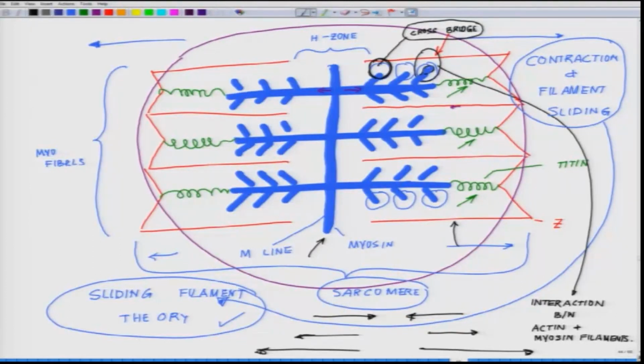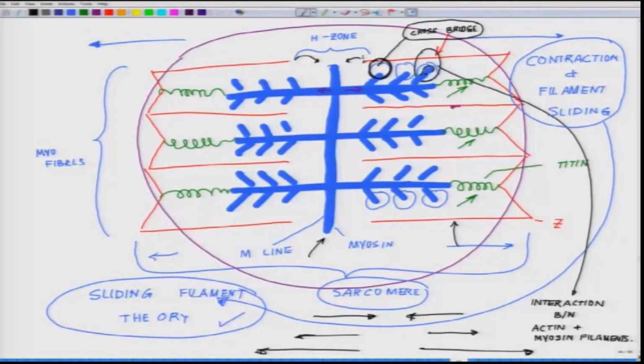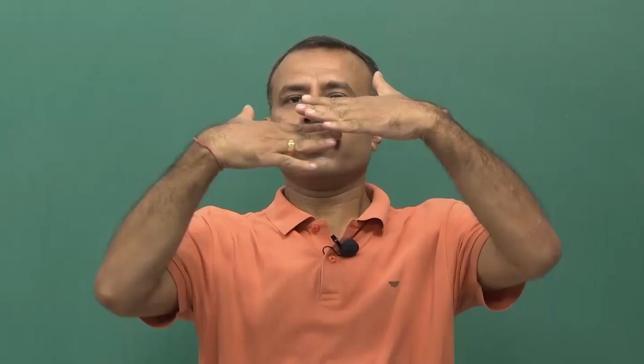If you follow this drawing, when it gets shortened there is maximum interaction, and these red lines move here when it is getting shortened, because you are shortening it, so there will be more cross bridge area. Whereas if they go further away, then this red line will shift further outward, and automatically the number of cross bridges changes.